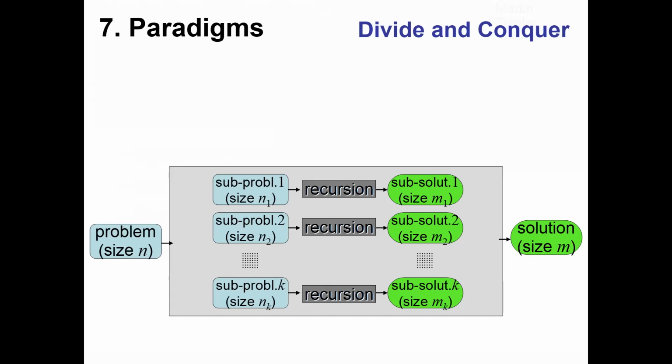Maybe the algorithm proceeds by solving each subproblem separately, recursively. That's the essence of having subproblems, to make them independent, smaller problems, and make a recursive call to the algorithm to solve these subproblems. And you see from the picture, indeed, the subproblems with input and output, nk and mk, are of the same type as the original problem.